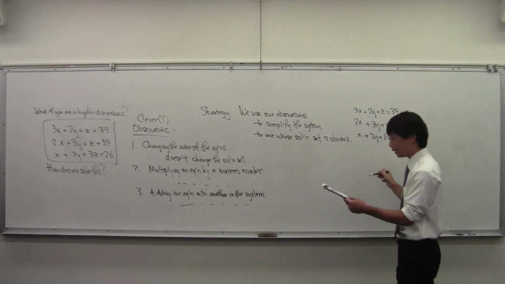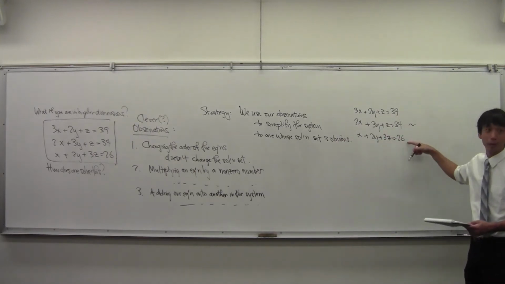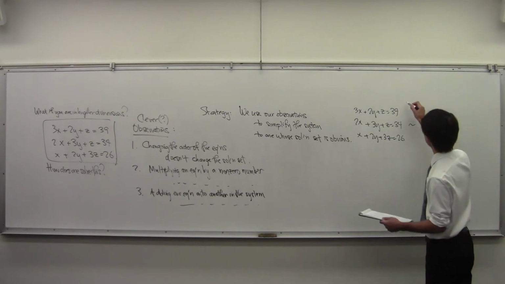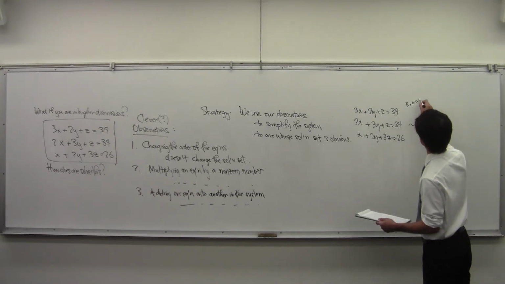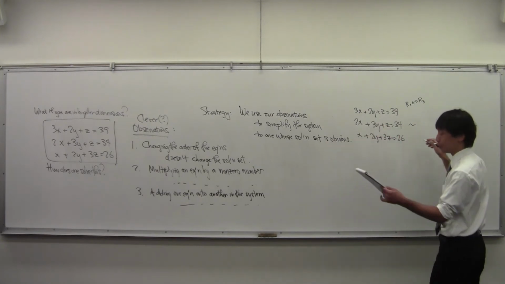Okay. And the first thing I do will seem kind of useless. I'm going to switch the third row and the first row. Okay, so that's legal, right? That doesn't change the solution set, right?